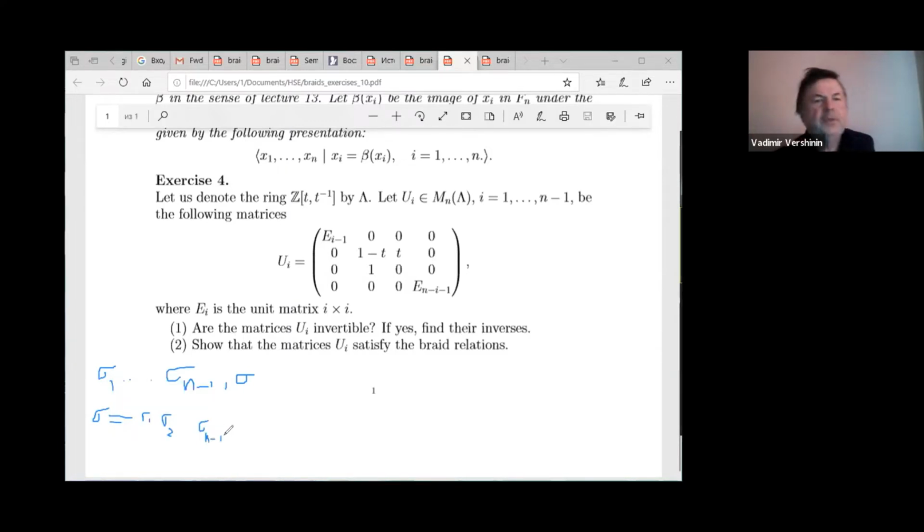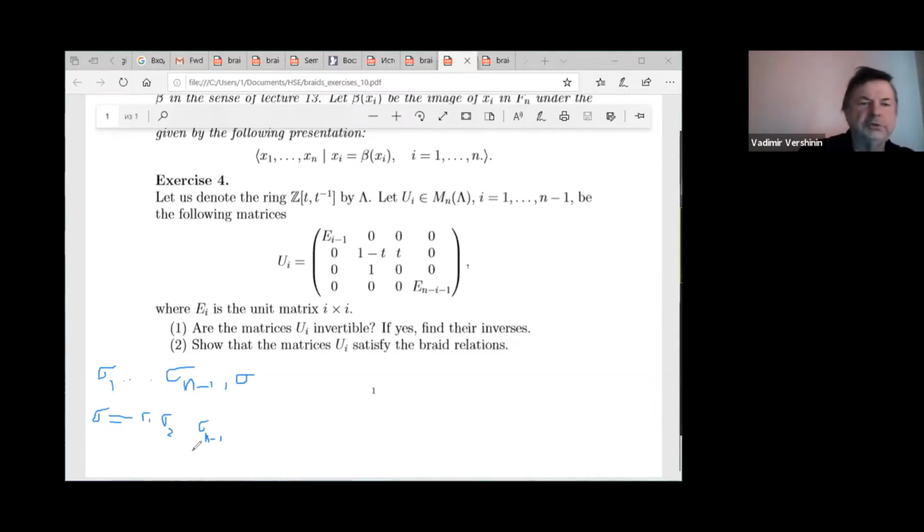Right? So it is possible. This is exactly a Tietze transformation. You add one more letter, and this letter is expressed with the help of the other generators. So it is possible.